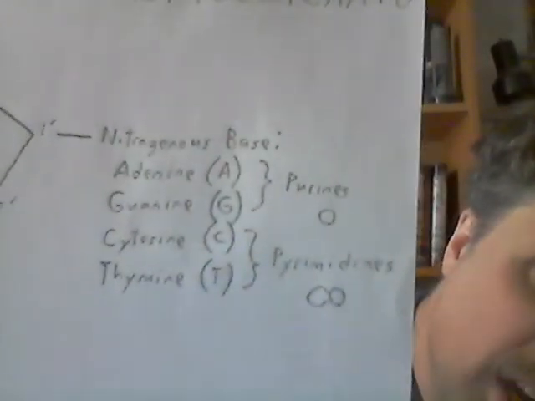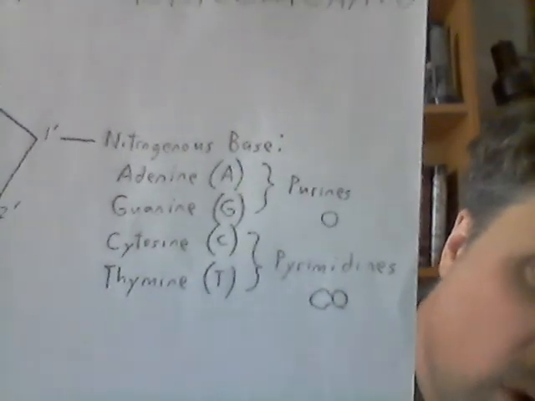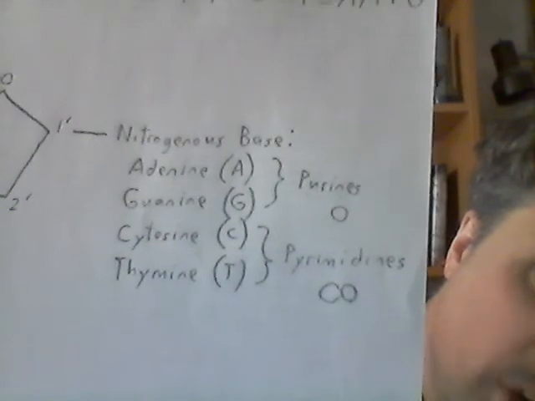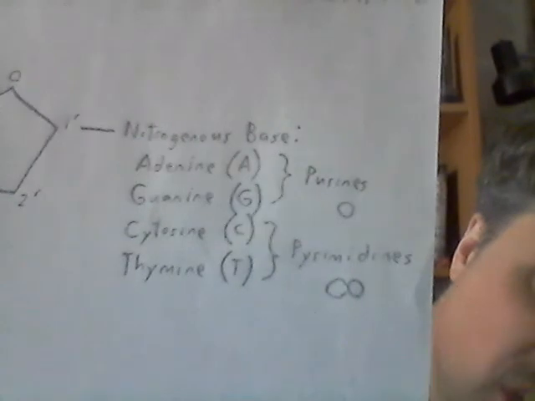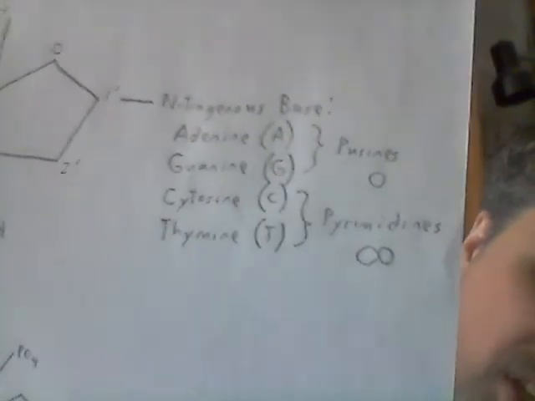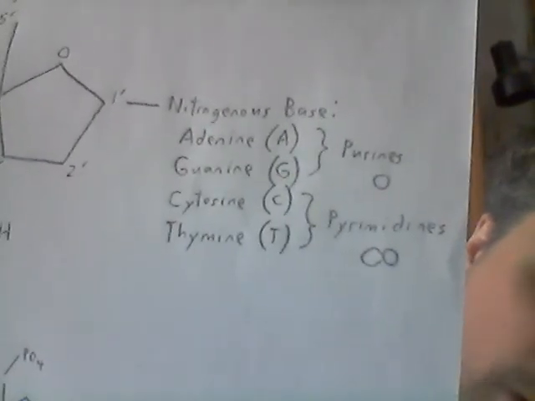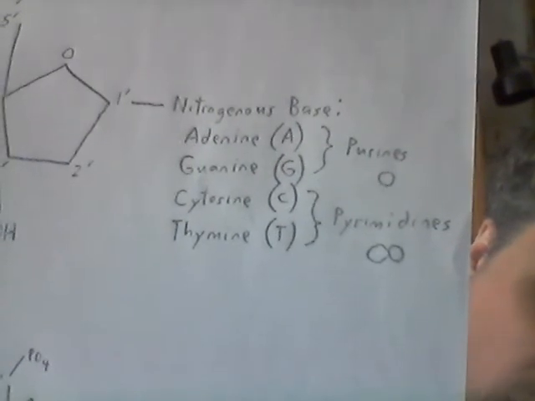In terms of those molecules, I'm not going to draw their full structure, but adenine and guanine are both examples of what chemists call purines. Cytosine and thymine are both pyrimidines.